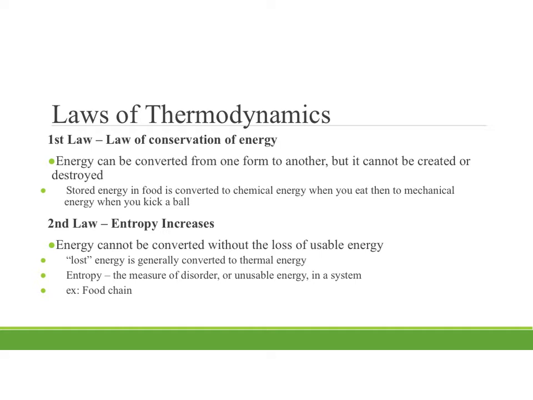The first law is also called the law of conservation of energy, which means energy cannot be created or destroyed. Instead, it's just converted from one form to another. So energy can't be magically created out of thin air, and it also can't magically disappear either. It's just converted from one type to another.